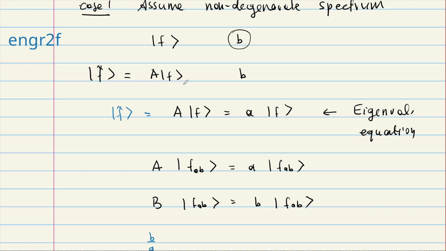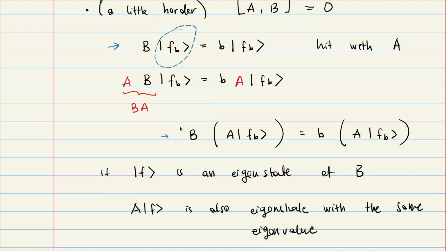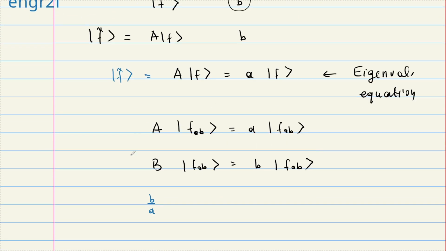So A has an eigenvalue equation, because we showed that big A times F is equal to little a times F. This is an eigenvalue equation. This immediately tells us F is an eigenbasis for A. But since F was also an eigenbasis for B, we said that's what it is.